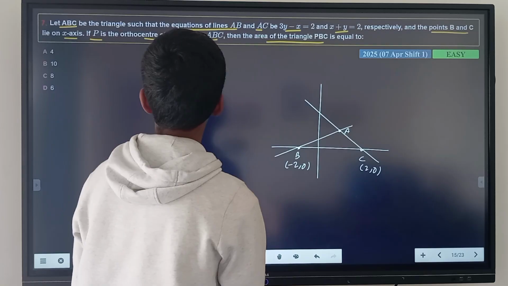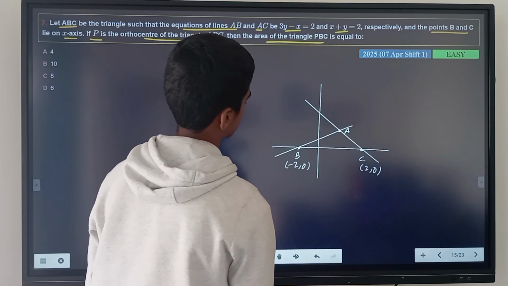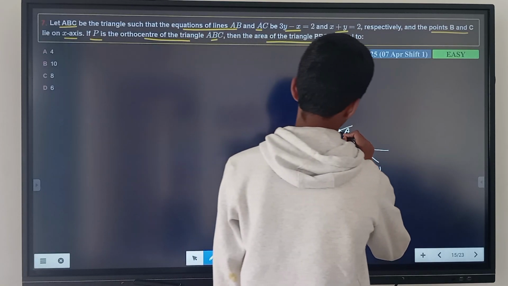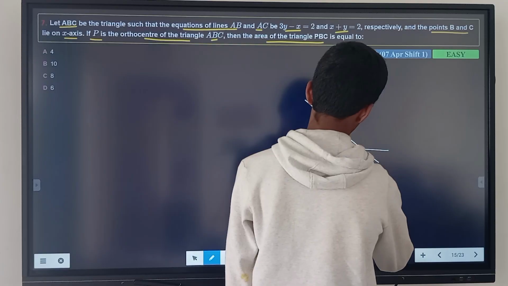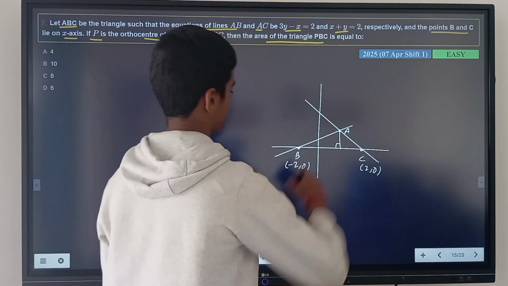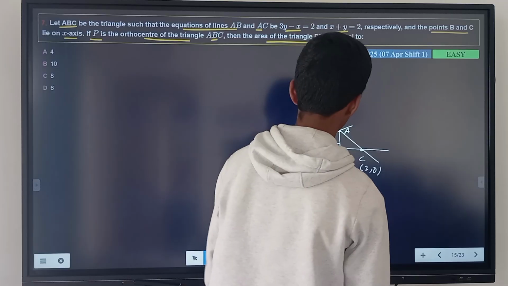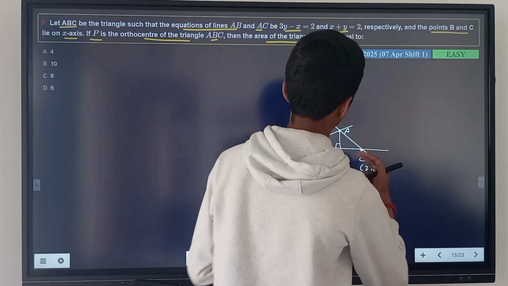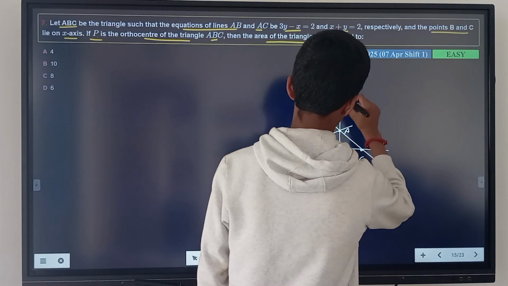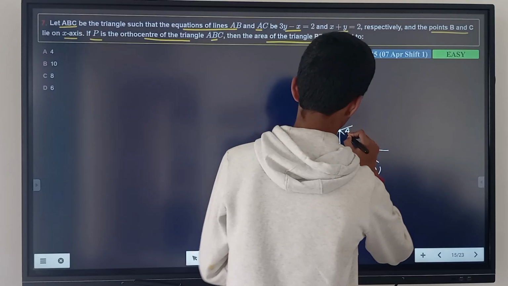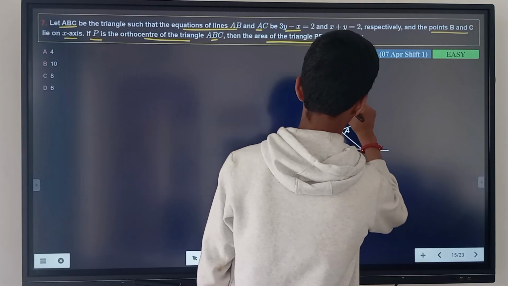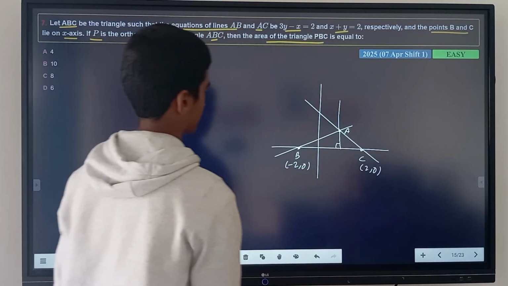Now P is the orthocenter of this triangle. Here we have made a perpendicular from A to the side BC, and this is an obtuse angle triangle. So let's extend it, because in obtuse angle triangles, our orthocenter comes outside the triangle.